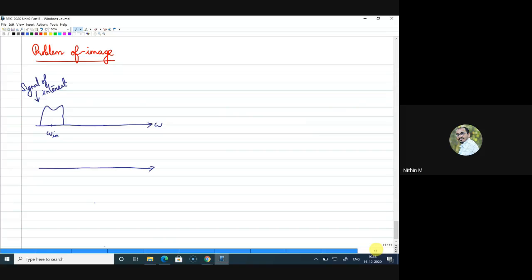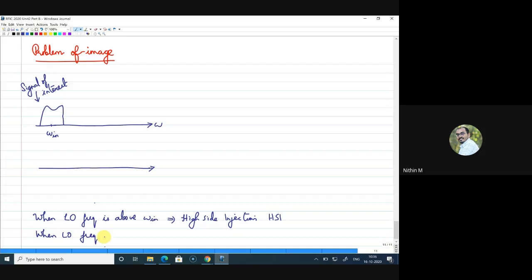Depending on that, we often use two terms to identify it. When the LO frequency is above the input frequency, we call it high side injection, HSI.